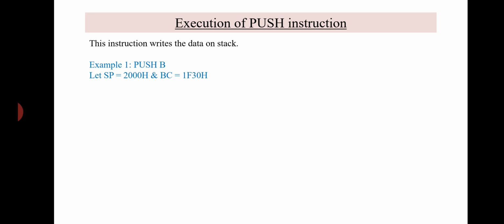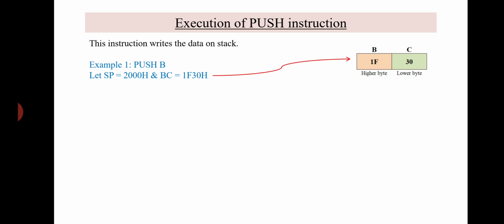Now let's understand the execution of the push instruction. This push instruction writes the data on the stack. Let's understand this with the help of an example. The instruction written here is PUSH B. Let's assume that the stack pointer contains the memory address 2000 and the register pair BC contains some 16-bit data, which is mentioned here as 1F30.